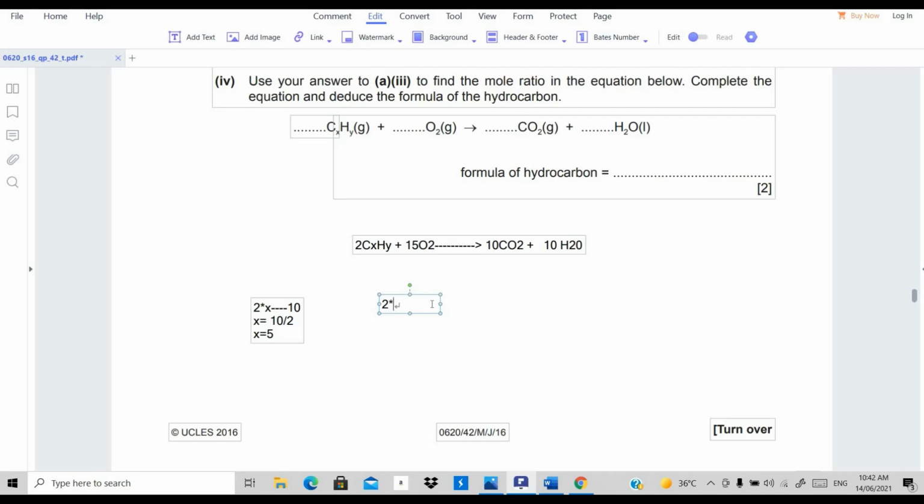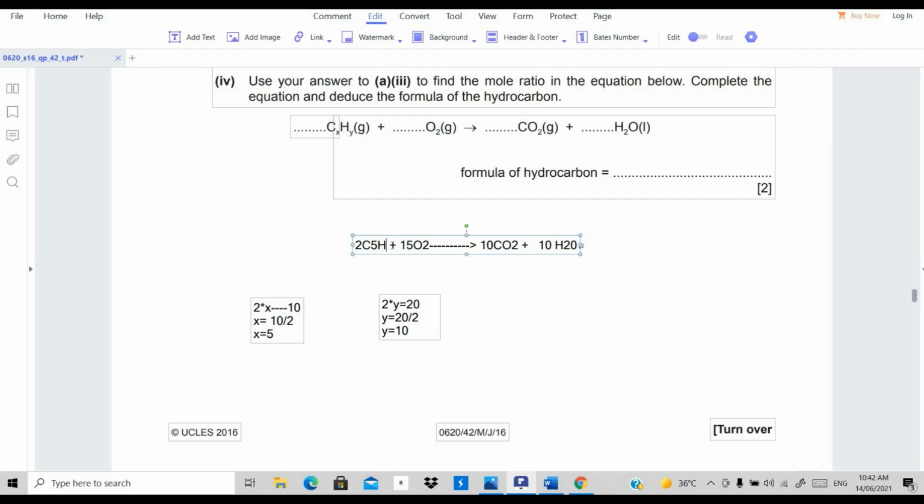So we can use the equation 2 multiplied by y equals 20. This will be y equals 20 divided by 2, y equals 10. So we have got the values of x and y. The x value will be 5 and the y value will be 10.